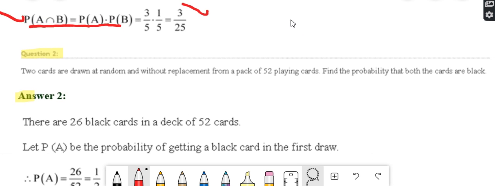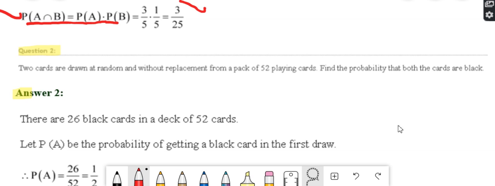Question number 2. Two cards are drawn at random and without replacement. Remember, we are not putting the card back from a 52 playing card deck. Find the probability of both the cards being black.